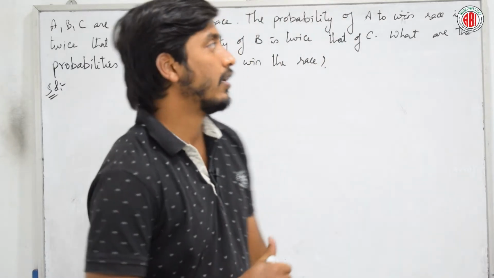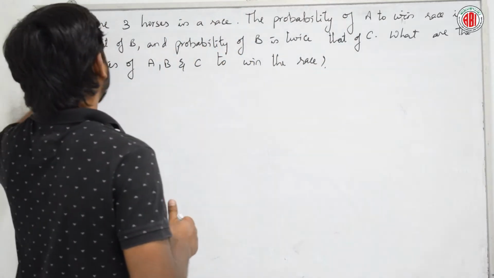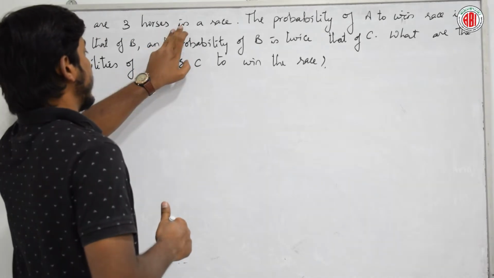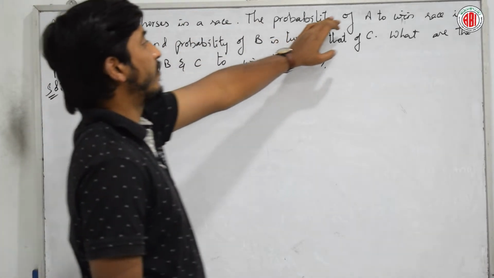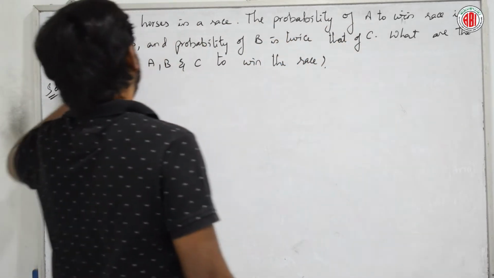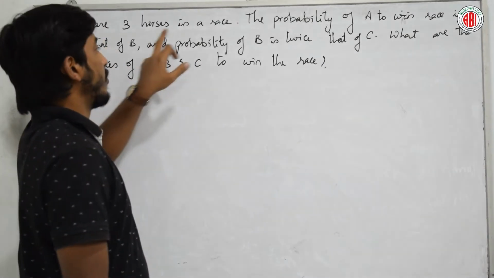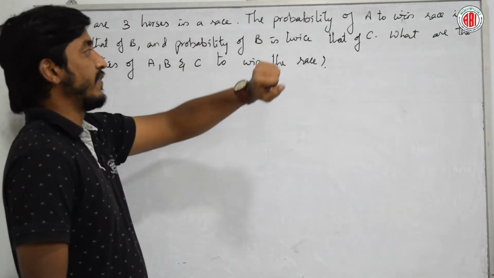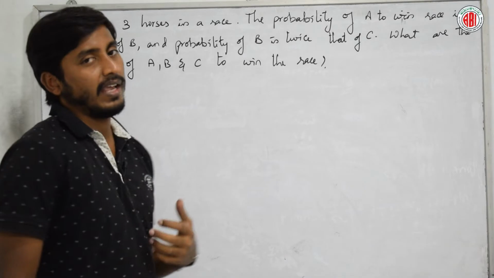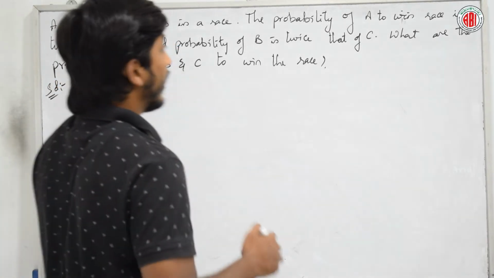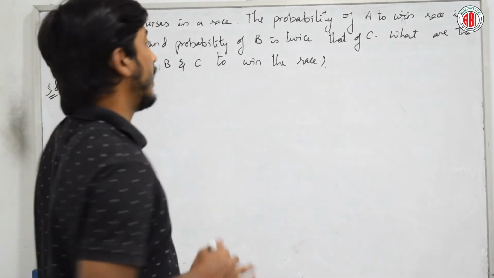See here. The question is given as A, B, C are 3 horses in a race. The probability of A to win the race is twice that of B, and the probability of B is twice that of C. What are the probabilities of A, B, C?